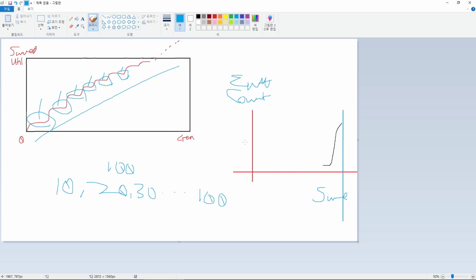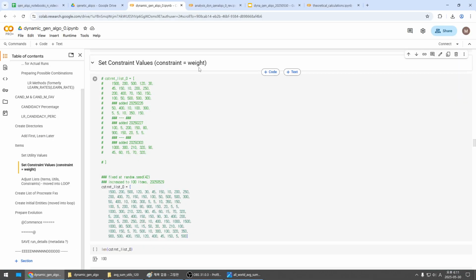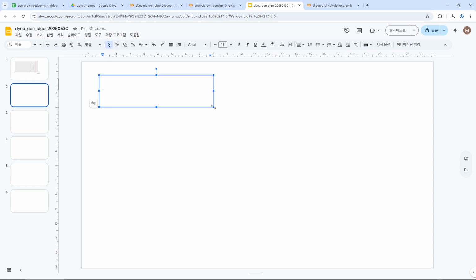So let's write that down somewhere. This is when I used the higher max constraint list.